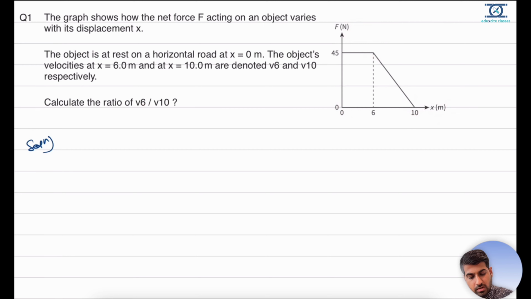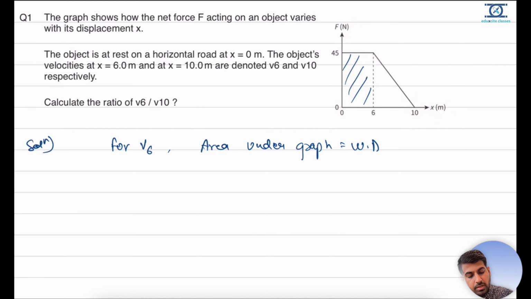So the area of this part will be equal to, let us say, for V6 we are doing, right? So the area under the graph is nothing but the work done, and that work done will be converted into kinetic energy. So I will equate like this. How? So 45 times 6 will be equal to half m V6 square.